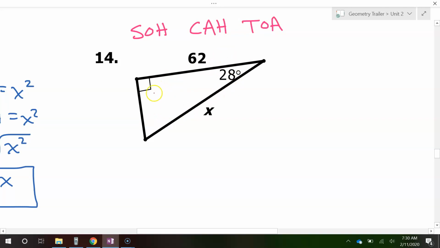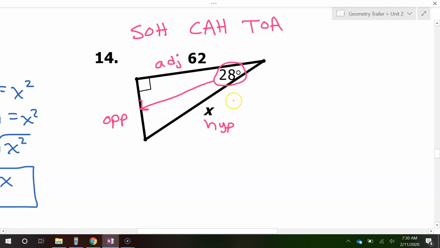So where's the hypotenuse? The hypotenuse is across from the 90-degree angle, so this is the hypotenuse. Next, circle the angle that you are given and draw an arrow going away from it, and that will indicate the opposite side. The remaining side is adjacent.